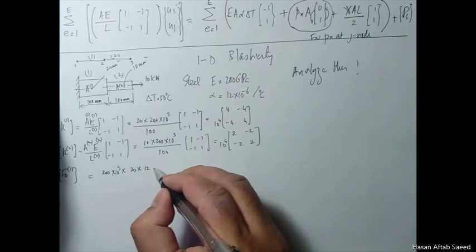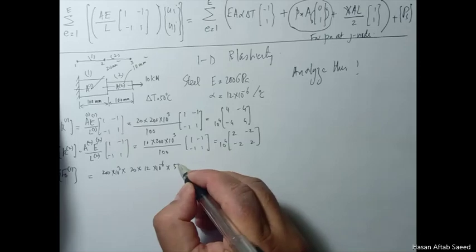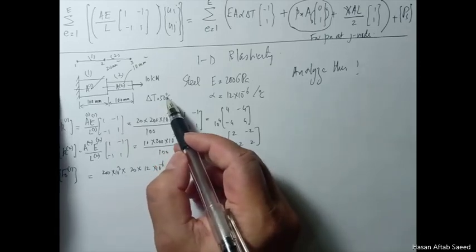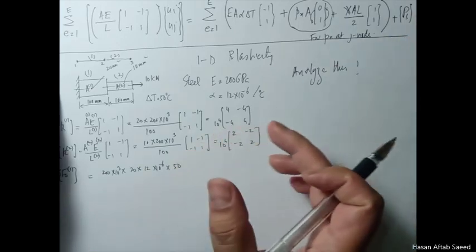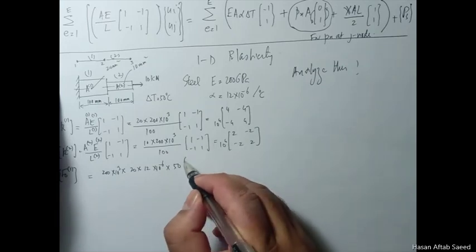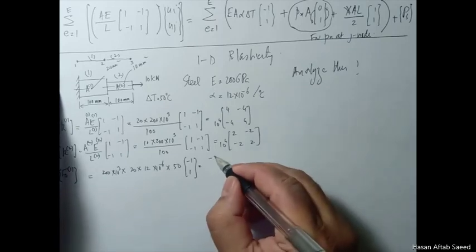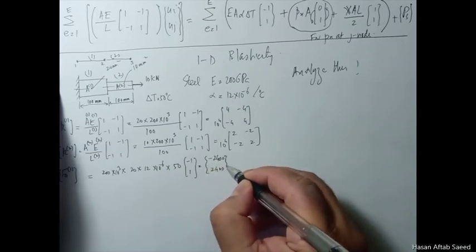Alpha is the same for both, but it is 12 into 10 to the minus 6 into temperature 50 plus 50. You have to keep track of the sign. If this is negative, you put in negative, because negative has a different effect. It tends to contract the system. Now minus 1 1, and if you calculate the values, they come out to be minus 2400 and 2400.